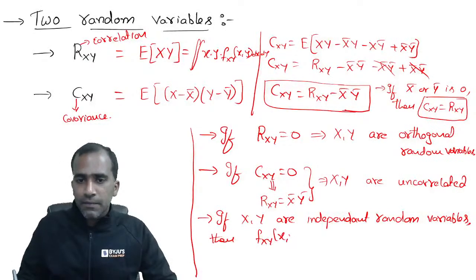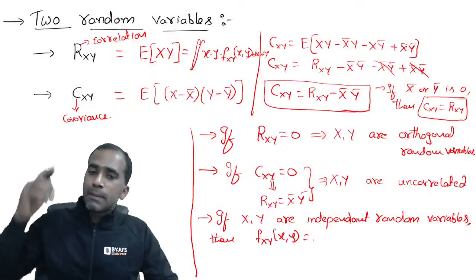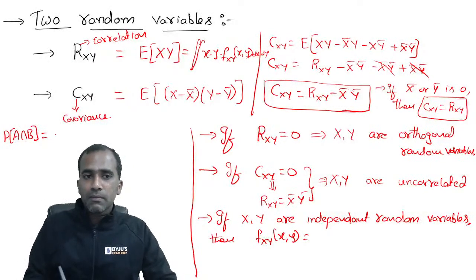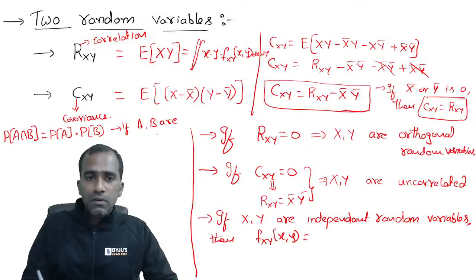You can recollect a point from basic probability. P of A intersection B can be written as P of A into P of B. This happens if A comma B are independent events.